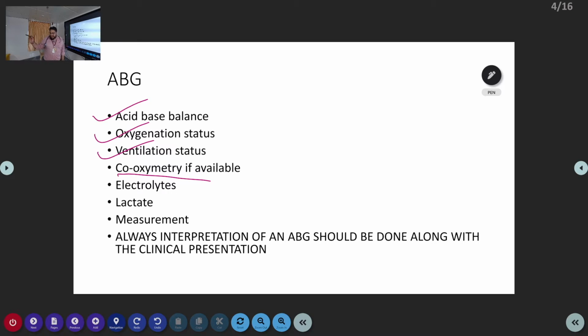Have you ever checked your ABG machine? In the ABG report there will be something like F Hb and Meth Hb. Have you seen something like this? FHb is fetal hemoglobin, and this is methemoglobin. Some ABG machines also do a measurement called co-oximetry, which means measuring other types of hemoglobin.